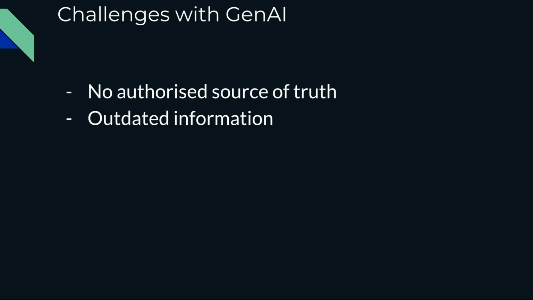You might ask ChatGPT and it might respond with a sophisticated answer, which you might take as a reference, but there is no authorized source of truth from where it is gathering or generating that information. On top of that, whatever information ChatGPT is generating might be outdated as well.